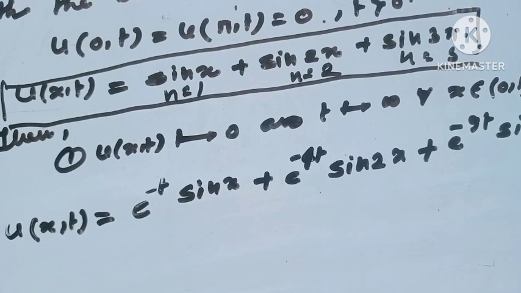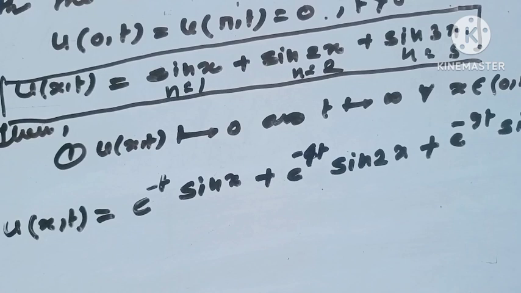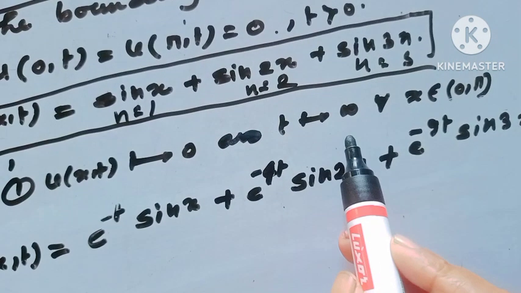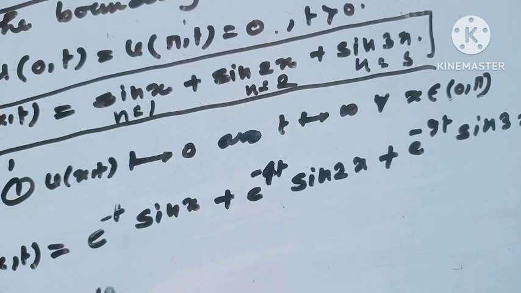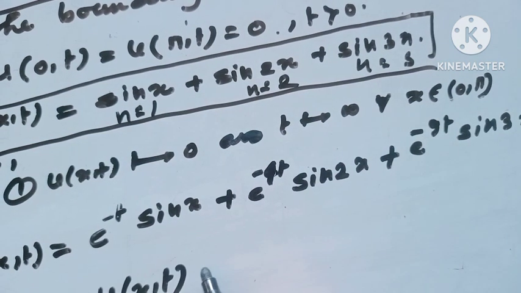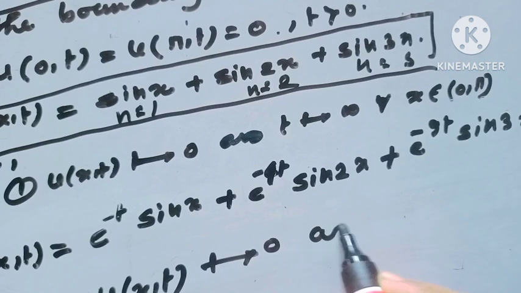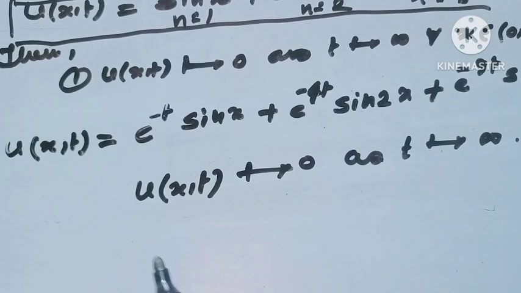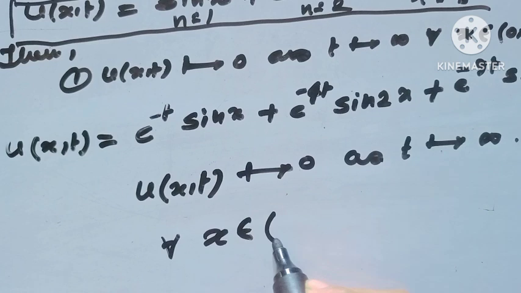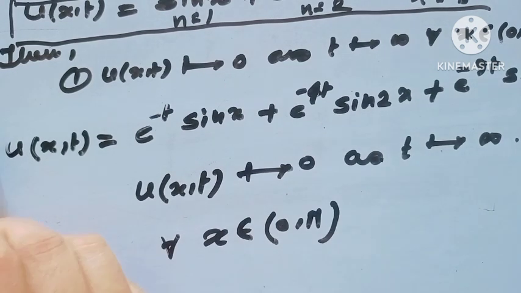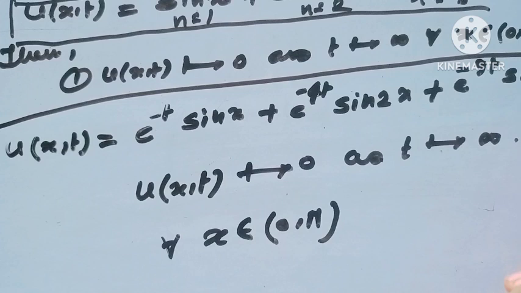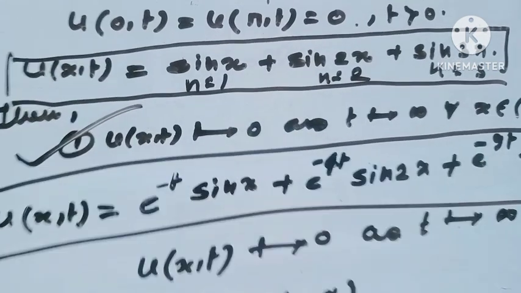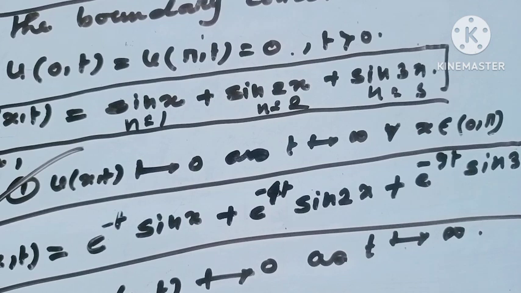Okay, this is u(x,t). As t tends to infinity, obviously u(x,t) tends to 0, and this is true for all x belonging to (0,π). I hope all my viewers have understood.